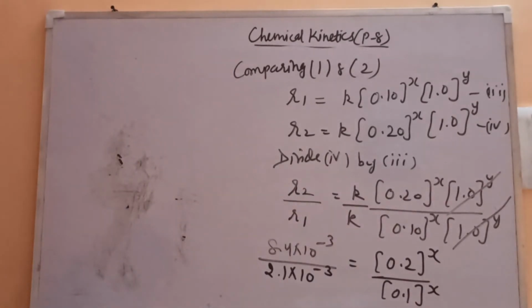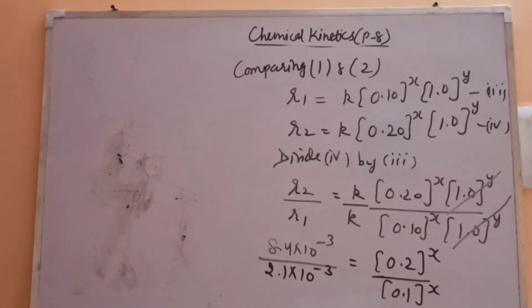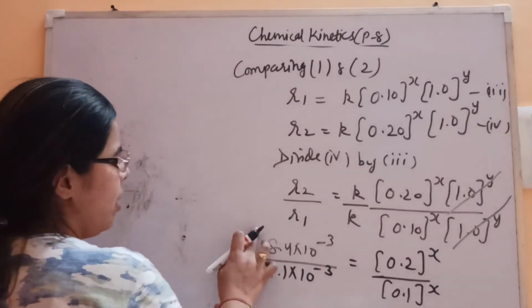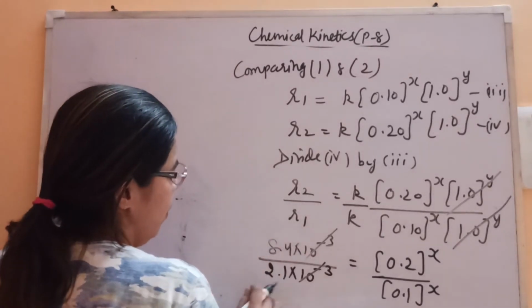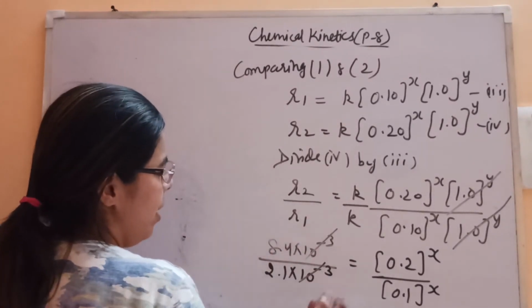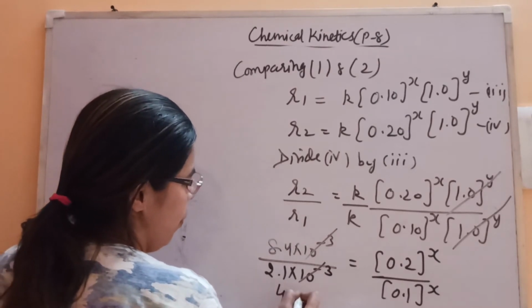Now how to solve this? This value is almost equal to 4. We can round it off, it will be almost equal to 4.